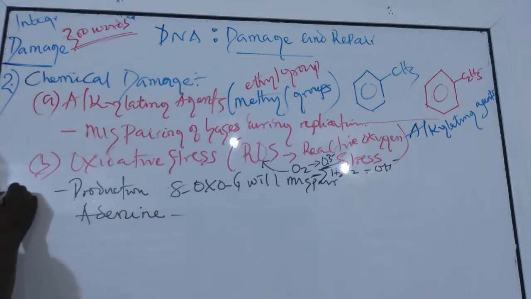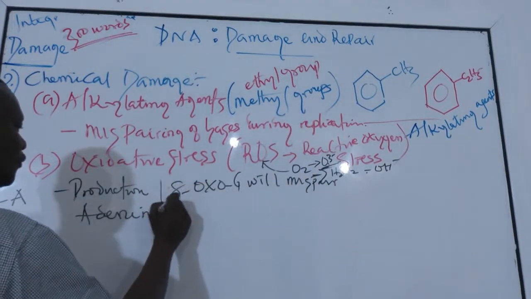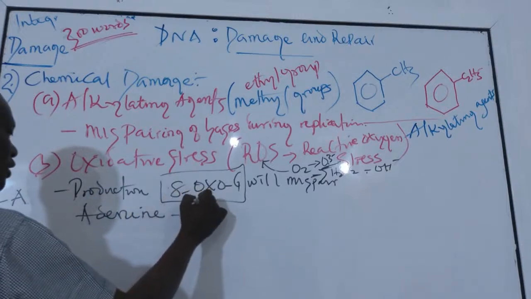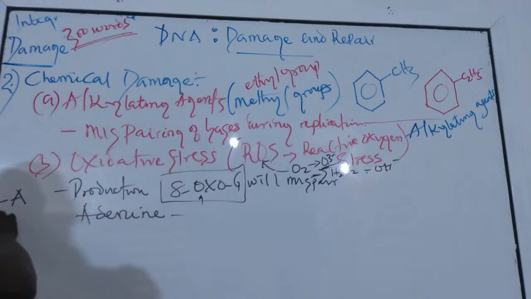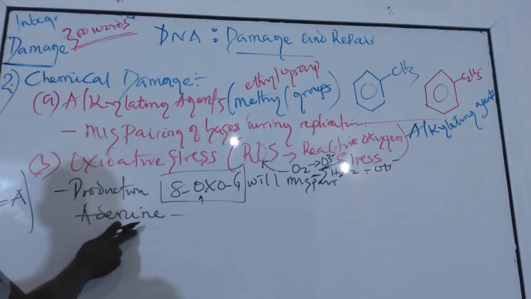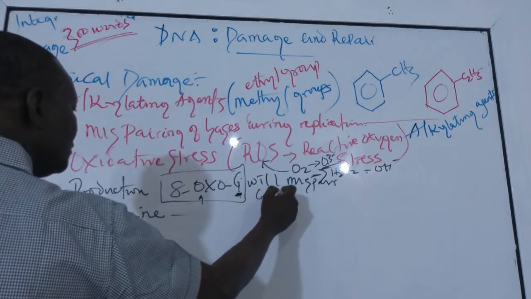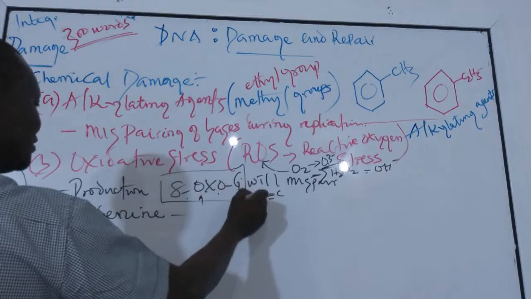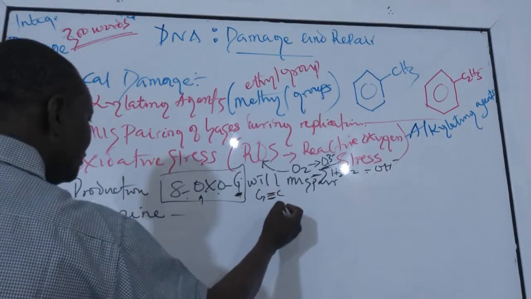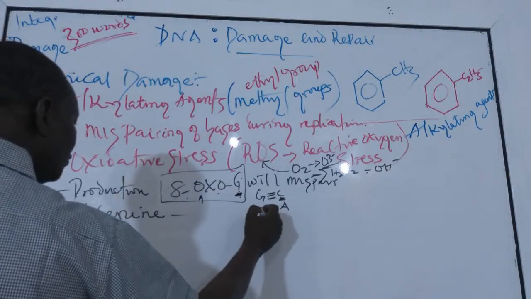Instead of thymine pairing with adenine, it is as a result of reactive oxygen stress that this 8-oxo-G is formed, and when it is formed, it's going to react with adenine in the DNA, because guanine is supposed to bond with C. So because 8-oxo-G has been formed, instead of reacting with C, it's going to bond with A, instead of T bonding with A.